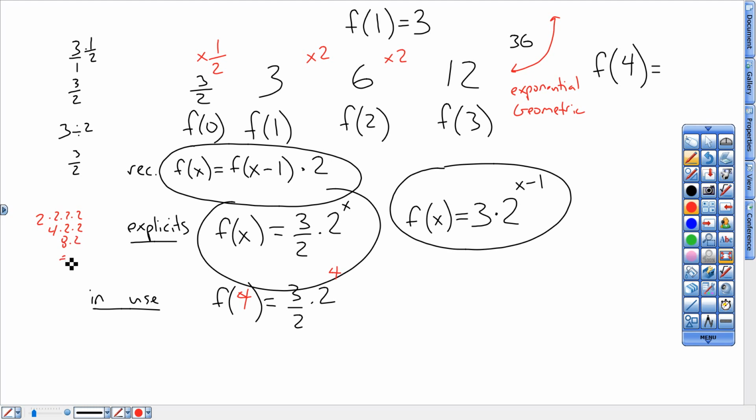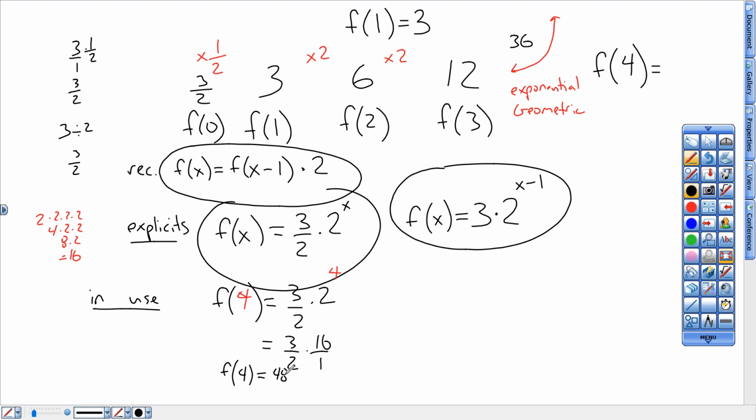Gives me 16. Never would that give me 8. That's 16. So that's 3 over 2 times 16. You could put that over 1 times 3 times that 16 gives me 48. I'm sorry. 3 times 16, yes, gives me 48.